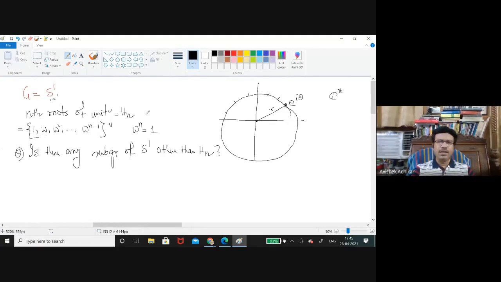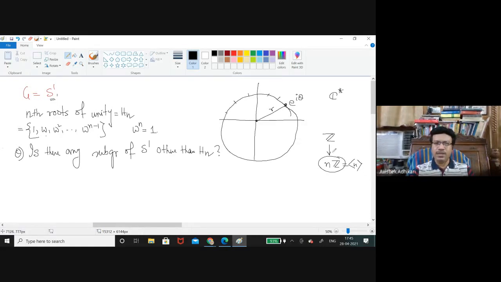He has gone up to a very certain portion, and that's very important. Very good intuition, I must appreciate this. In case of Z, we have seen that all the subgroups must look like this, generated by n.